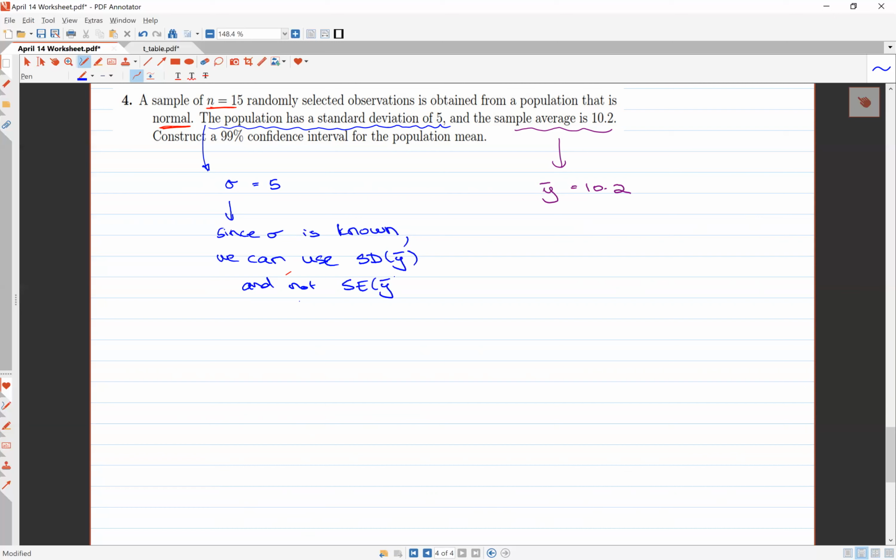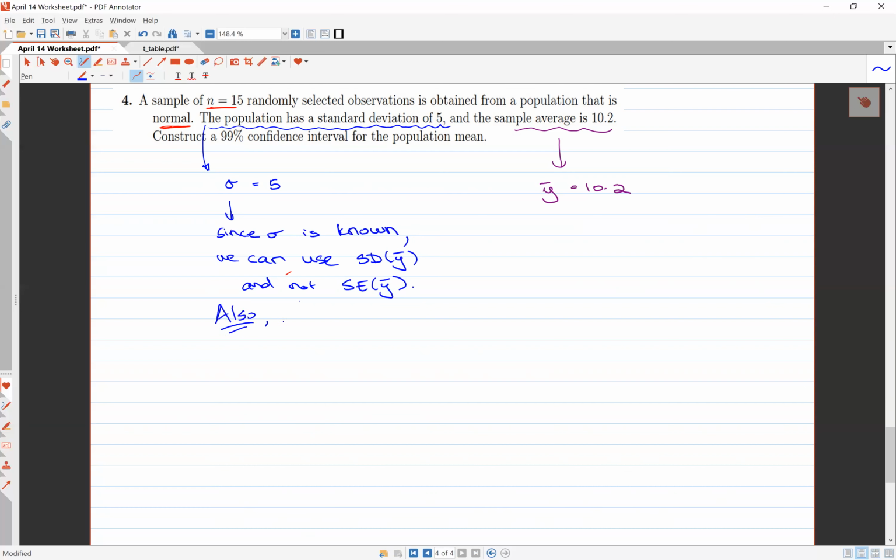Standard error is only an approximation of the standard deviation when it is not known. So in the two previous examples, we relied on standard error because we couldn't calculate standard deviation. And the reason for that was we didn't know the population standard deviation.